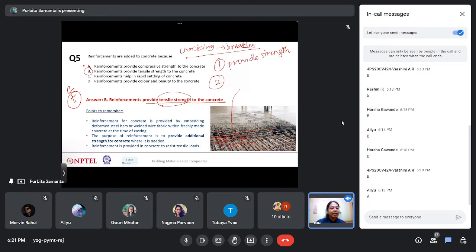And not only that, when we are inserting these reinforcement bars before the casting of concrete, it should be taken care that they don't move from their place. For that reason, tie bars are also provided. If you look from the plan, it looks like this.